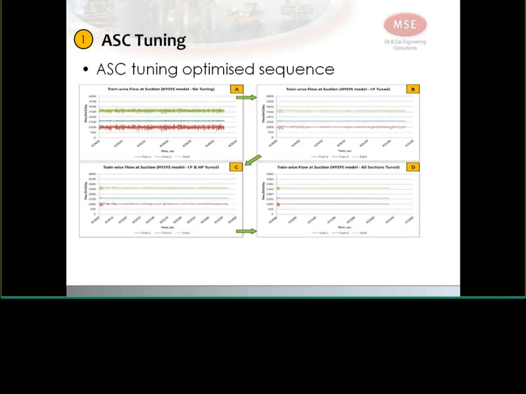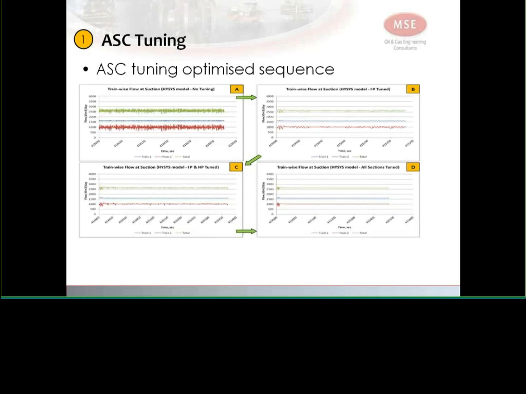So for the short term, we suggested that the throttle valve load sharing is put to manual, and we proposed the percentage open for anti-surge, the throttle valve for each string during parallel operation, which we came up with by simulating the model itself.